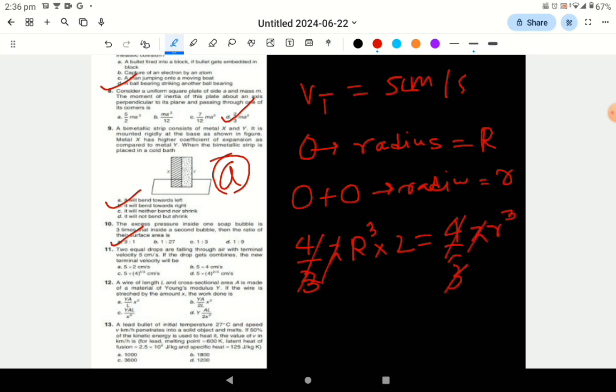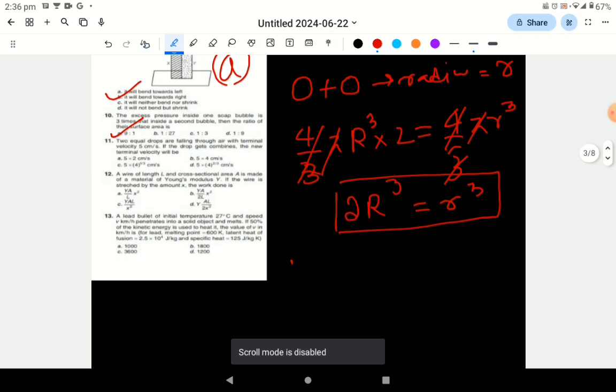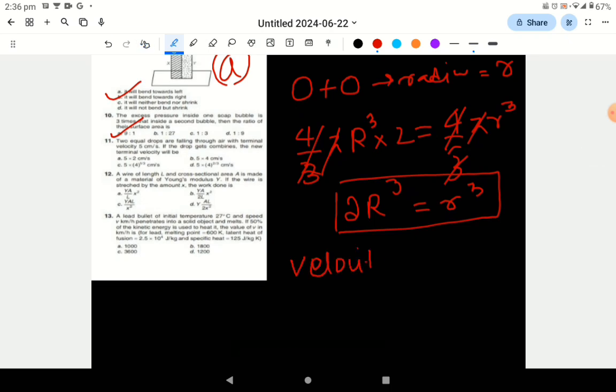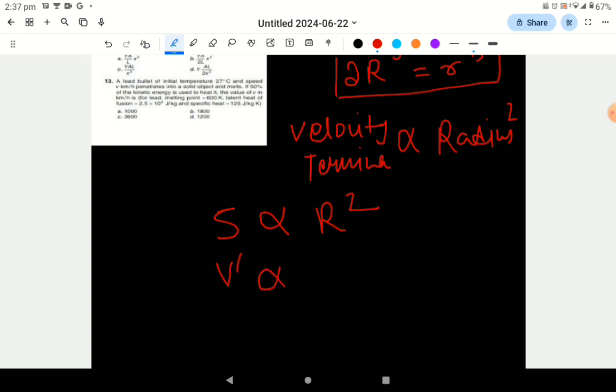So 2r cube is equal to R cube. Okay, and now we know that the terminal velocity is directly proportional to radius square. So 5 is directly proportional to r square. So v dash is directly proportional to R square.